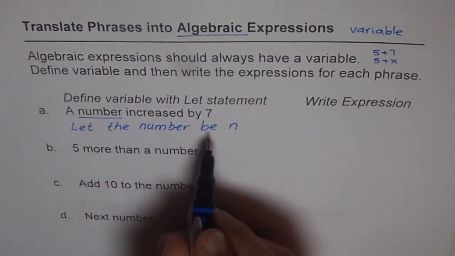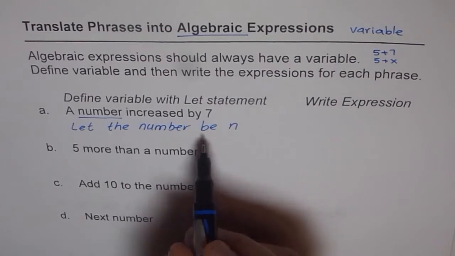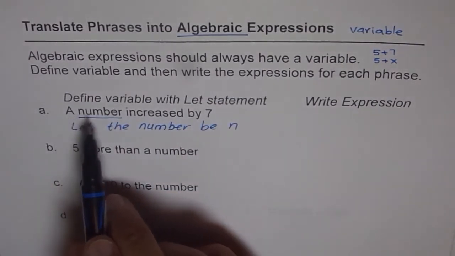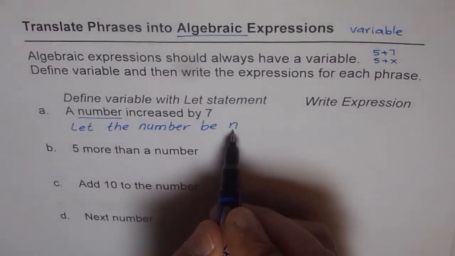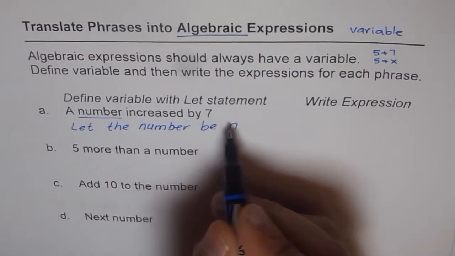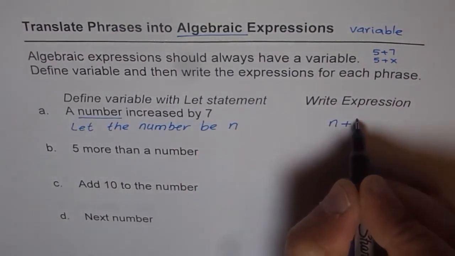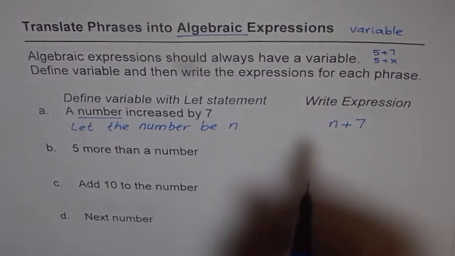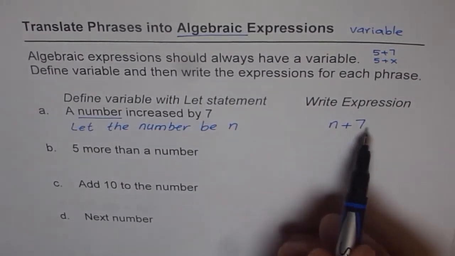Now once the number has been defined as a variable, then we can write the algebraic expression. Look at the statement now. A number increased by 7. That means the number n increased by 7. It has to be more, right? By 7. So the expression to represent this phrase will be n plus 7. Do you see that? So that is how you can translate a phrase into an expression.